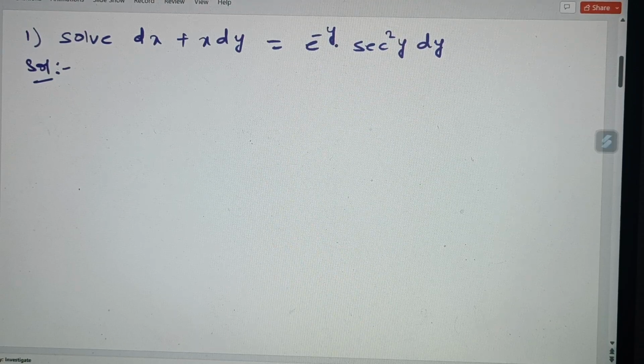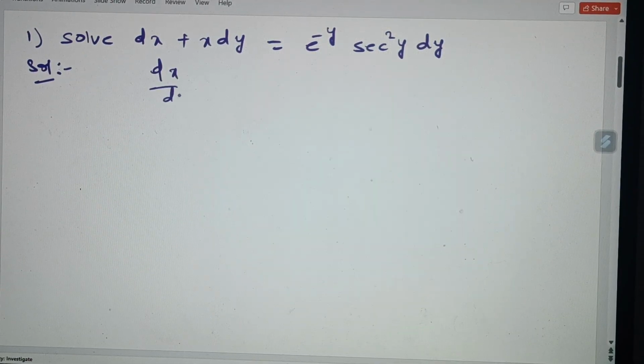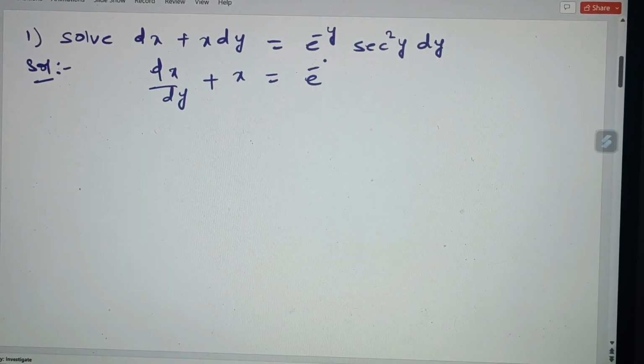Okay. Rearrange करने के बाद इक्वेशन को कैसे लिख सकते हैं? dx upon dy plus x is equal to e raised to minus y into sec square y. Okay. So by observation, we have written the given equation as dx by dy plus x is equal to e raised to minus y into sec square y.